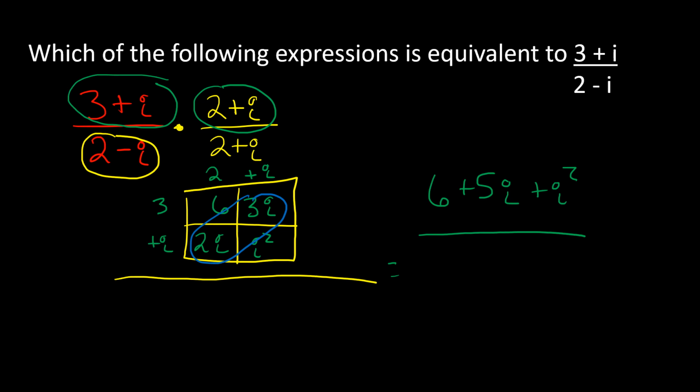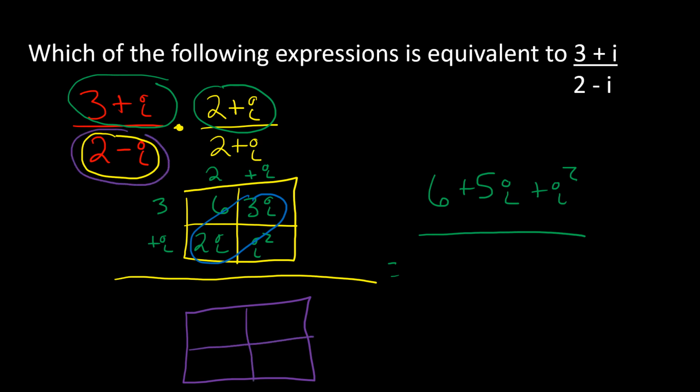Let's go ahead and work on the box method for the denominator, which is 2 minus i times 2 plus i. So 2 minus i times 2 plus i. So let's work this out. 2 times 2 is 4. 2 times i is 2i. 2 times negative i is negative 2i.